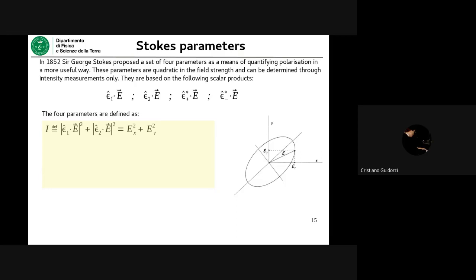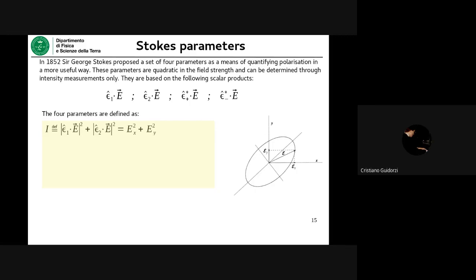The first one is I, which is defined as the sum in quadrature of the electric field scalar epsilon1 and epsilon2. If you remember the way the electric field is defined in the linear base, you immediately see that this is nothing but the sum in quadrature of the two amplitudes, so Ex squared plus Ey squared.